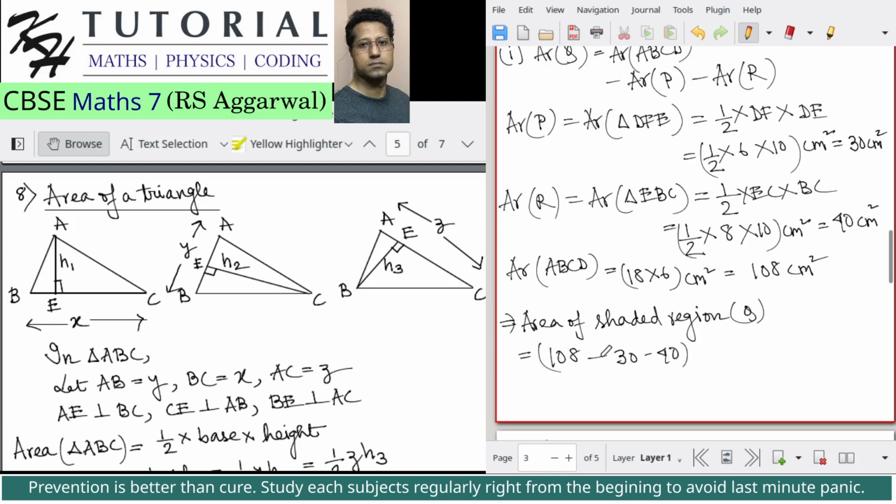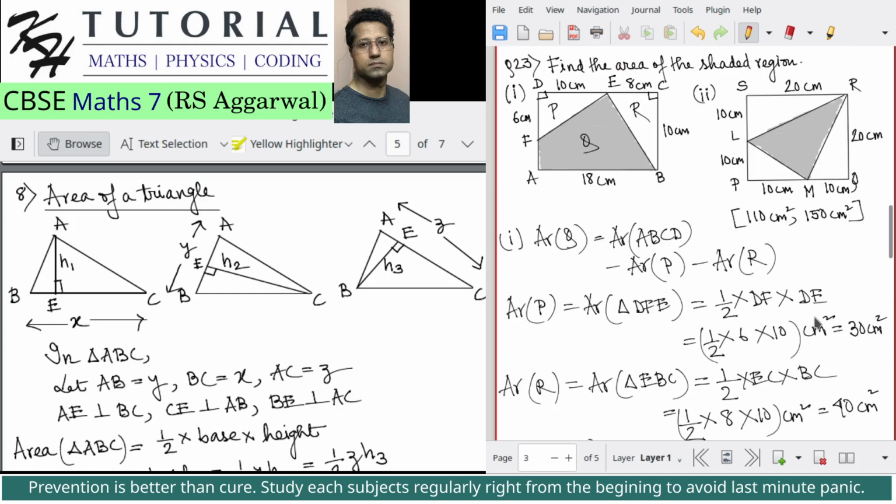This much centimeter square, which is equal to I guess 38 centimeter square is the area of the shaded region, and my answer is wrong.